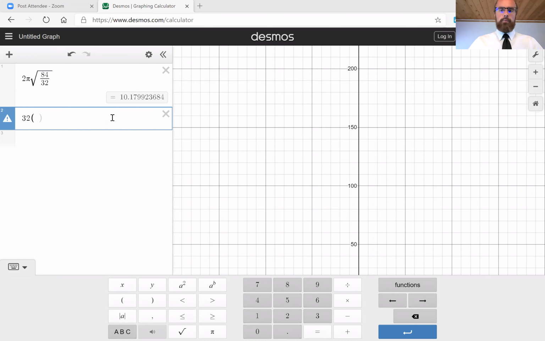So again, we were interested in 30 seconds divided by 2 pi. And again, for pi, you can just type pi. It'll translate it as 3.14. And then that I have to square.